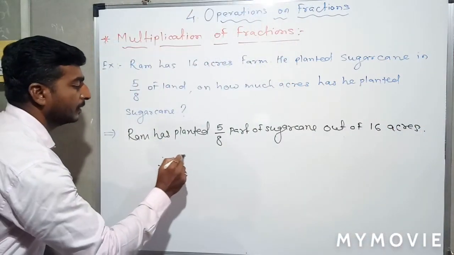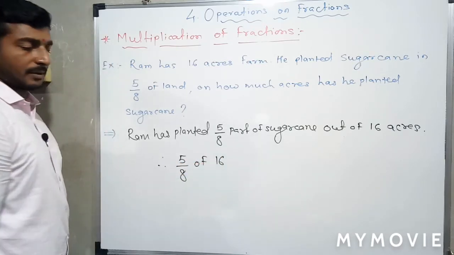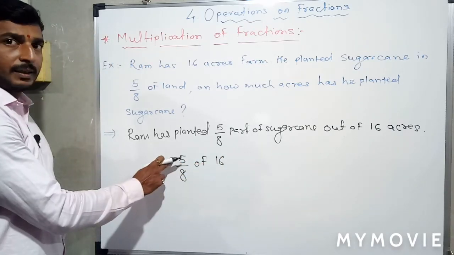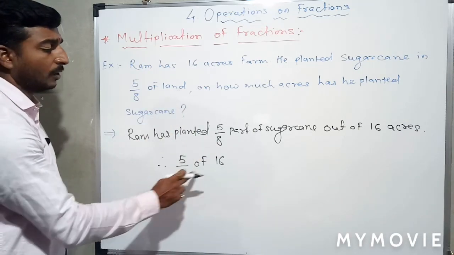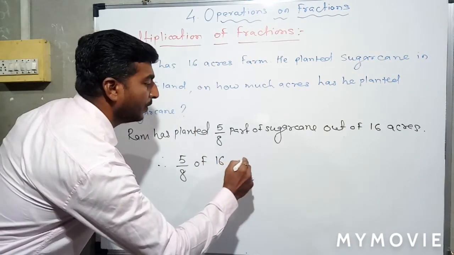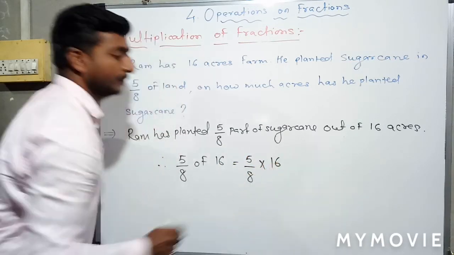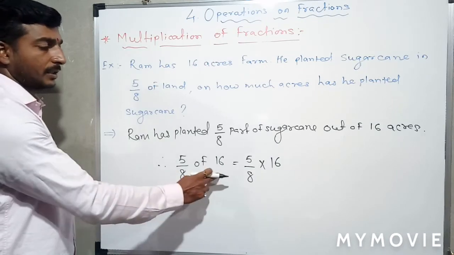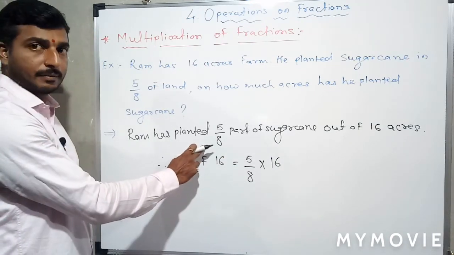Therefore we can say that it is 5/8 of how many? 16 acres. He has planted 5/8 of 16 acres with sugarcane. So 5/8 of 16, and you know what 5/8 of 16 means? It means 5/8 into 16.